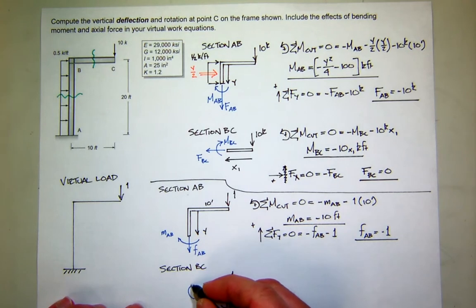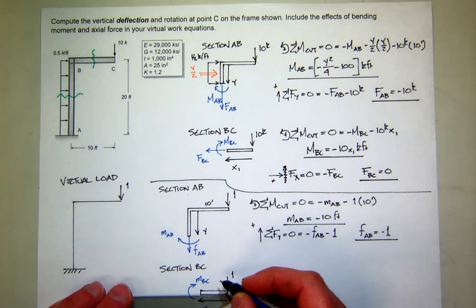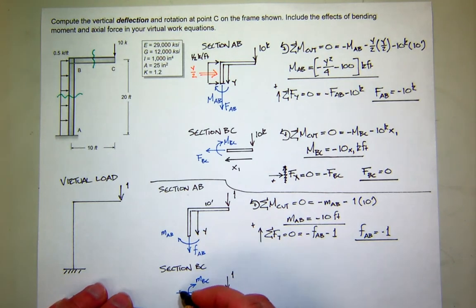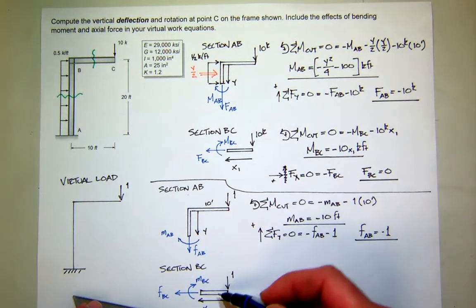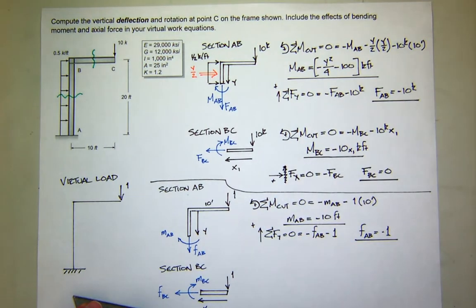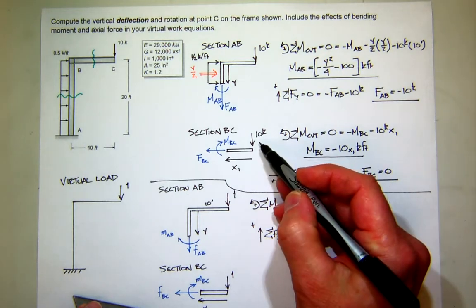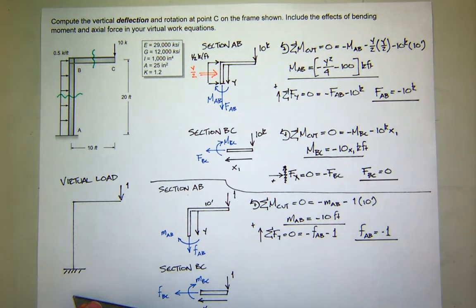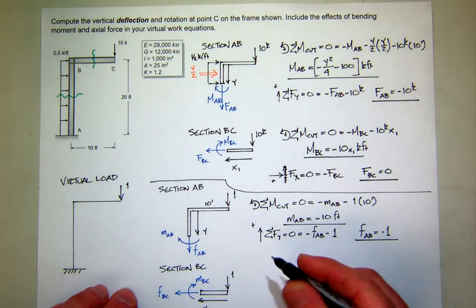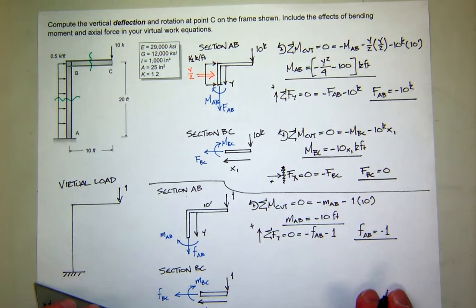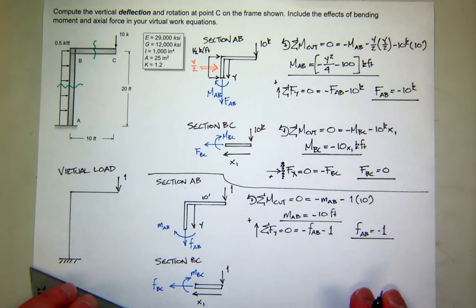And internally we have the virtual load BC, and then the virtual axial force BC. And you see these two are very similar. In fact, superposition will tell you that I can get these results simply by taking the real system and dividing it by 10. But I'll go ahead and do the equilibrium equations just the same.